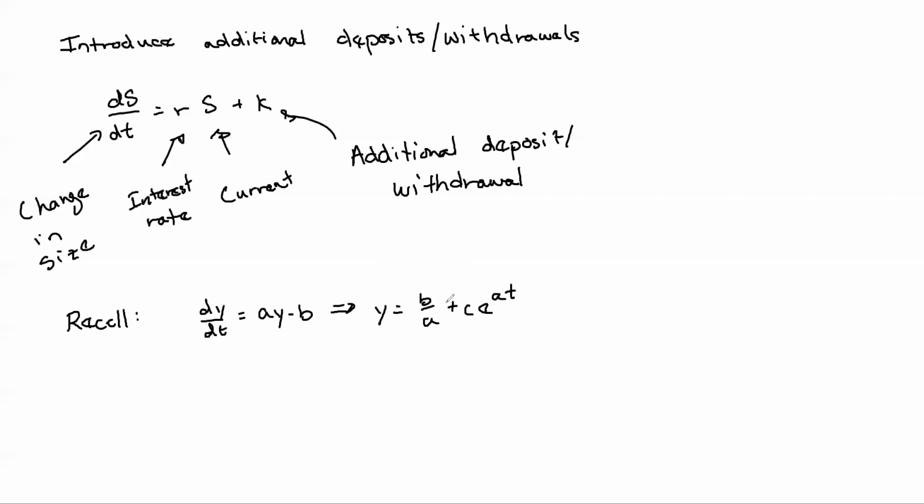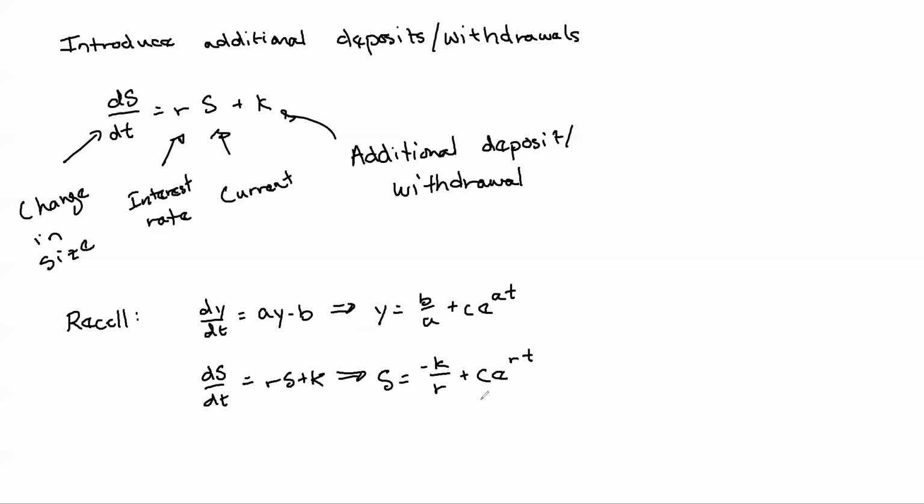So we can use that fact here. If we match these up, we have ds/dt equals rs plus k, so in that case a is r and b is going to be negative k. So we'll have s equals negative k over r plus c e to the rt.